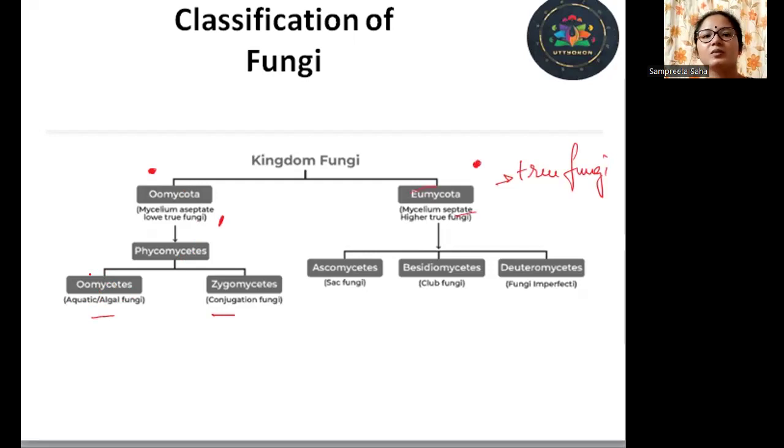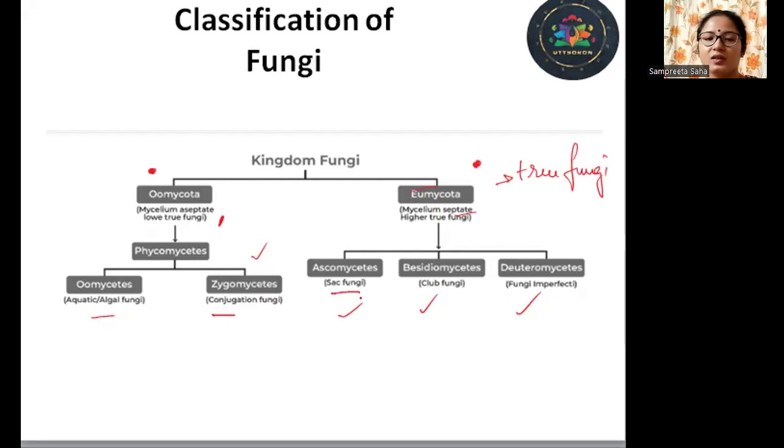They do not behave as much like the fungi, they behave more like algae. And Zygomycetes is also known as conjugation fungi. Under Eumycota, we have the three groups, Ascomycetes, Basidiomycetes, Deuteromycetes.